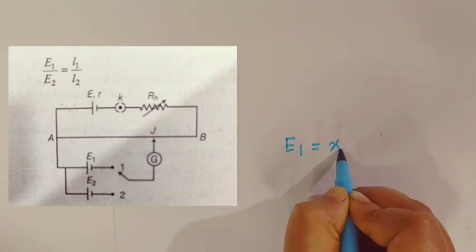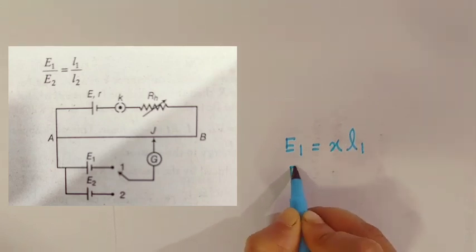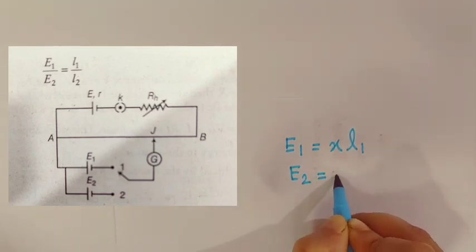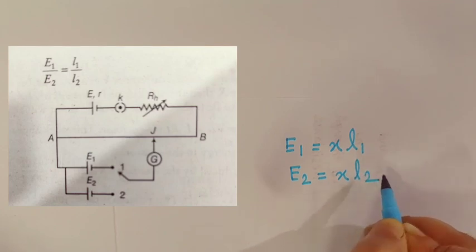We can write E1 is equal to X L1 and E2 is equal to X L2.